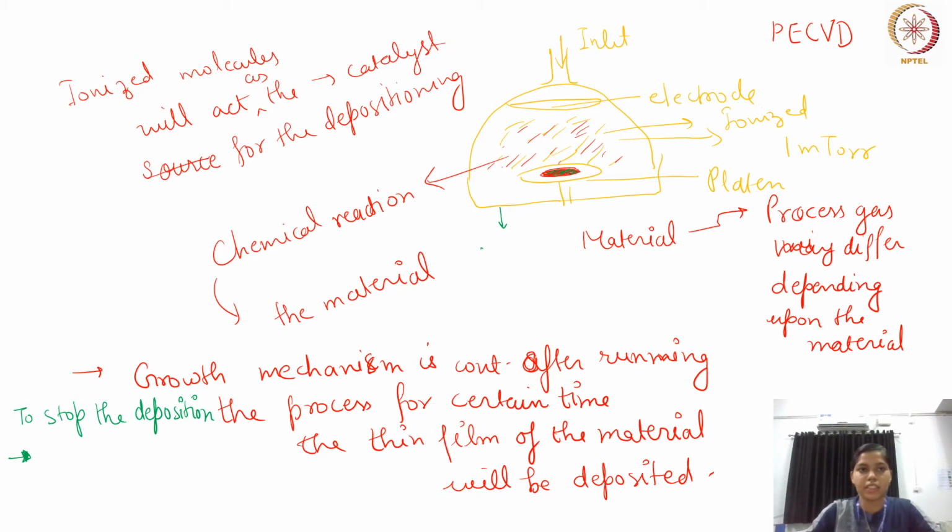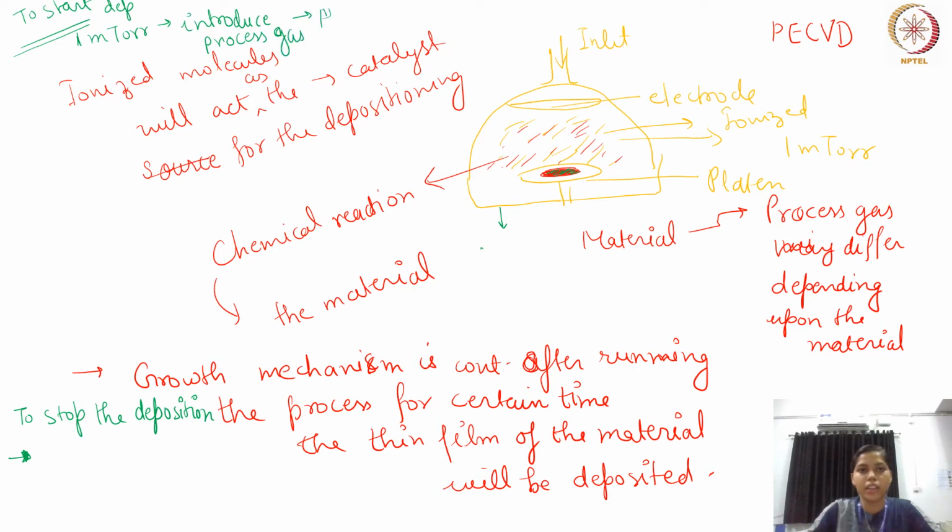So first let's recall that to start the deposition, first we created a vacuum of 1 millitorr inside the chamber. Then we introduce our process gas, or the source gas, inside the chamber.